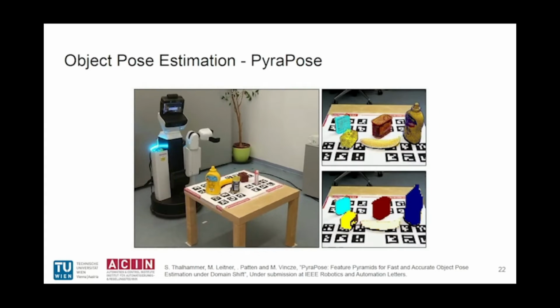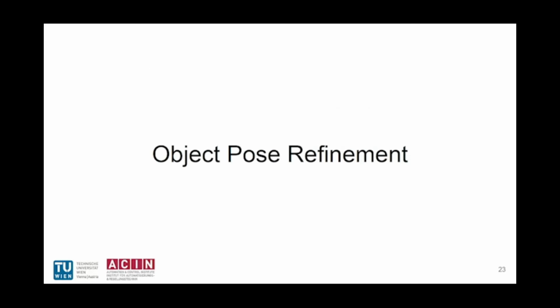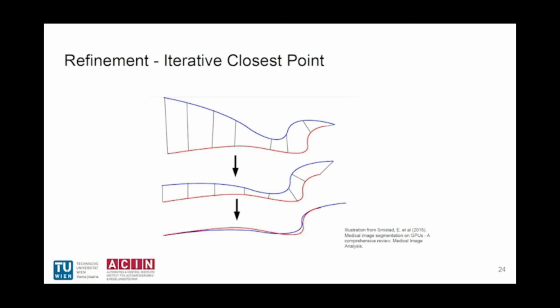I think that was all I wanted to present for the pose estimation. Now let's go to the final part, which is what you can do for object pose refinement. Because up until now, we've been trying to go further and further away from the low-level image information to have information that is useful and usable for pose estimation, for object detection, all those object-driven tasks.